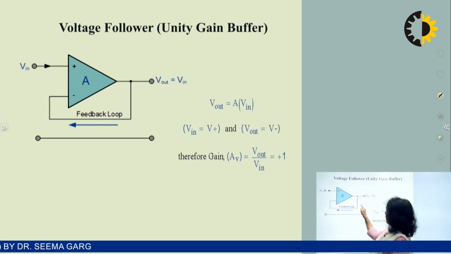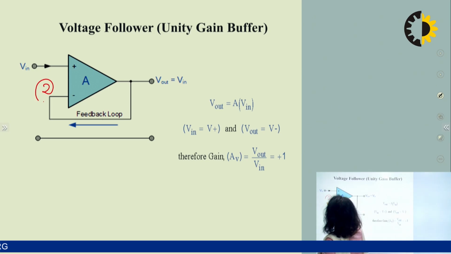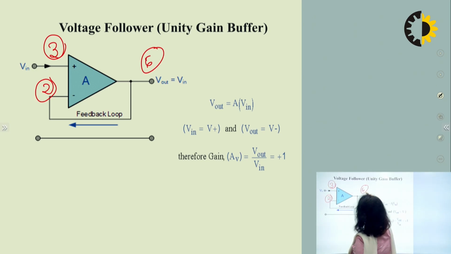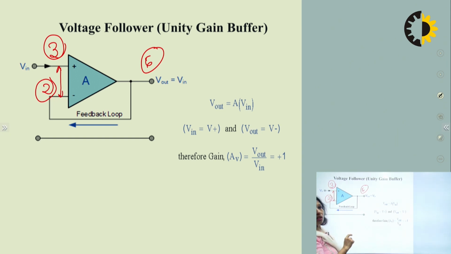The output is connected to pin number 2, and the signal is applied at pin number 3. If you draw the equivalent circuit, between pin number 3 and pin number 2 we have the virtual short.